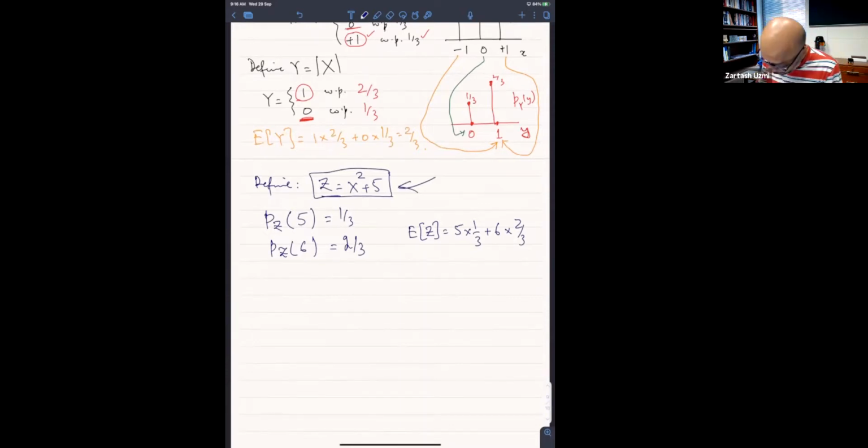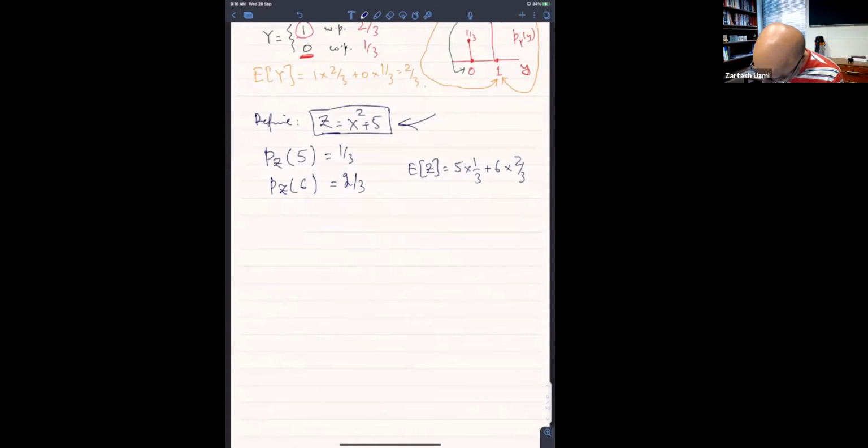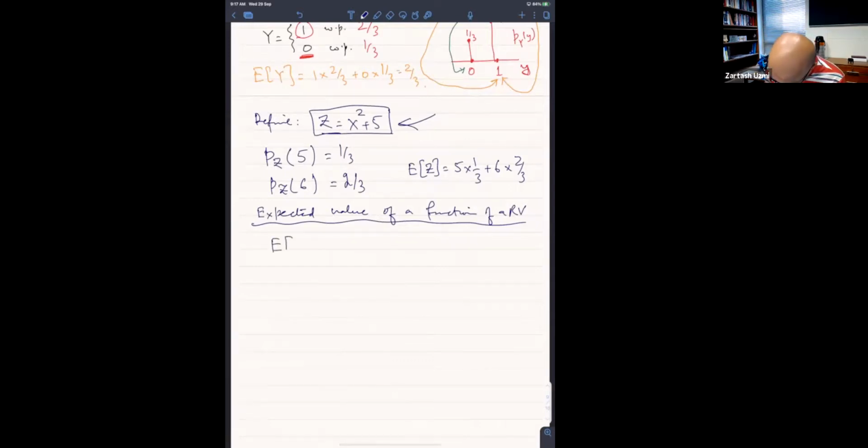Not necessarily. Now I can find the expected value of a function of a random variable. We understand that g(x), a function of a random variable, is itself a random variable.